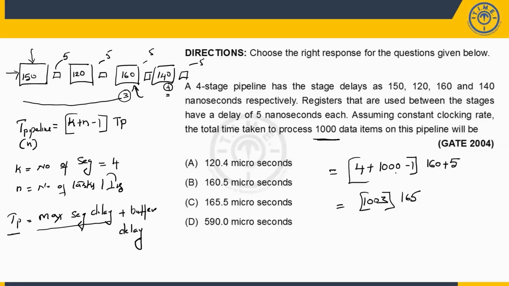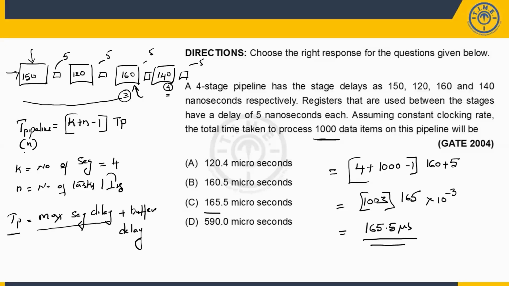Since the options are given in microseconds and these are measured in nanoseconds, we should multiply by 10 power minus 3. Pipelining only requires that we apply the formula; if the formula is applied, we arrive at the solution very quickly. So this will be equal to 165.5 microseconds.